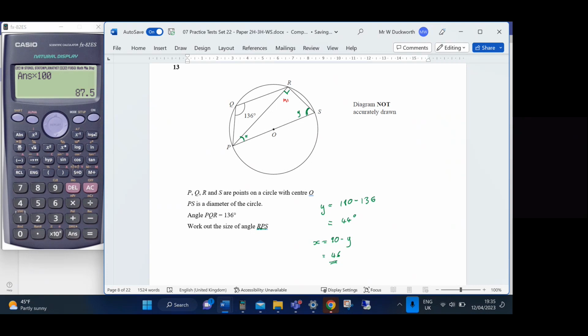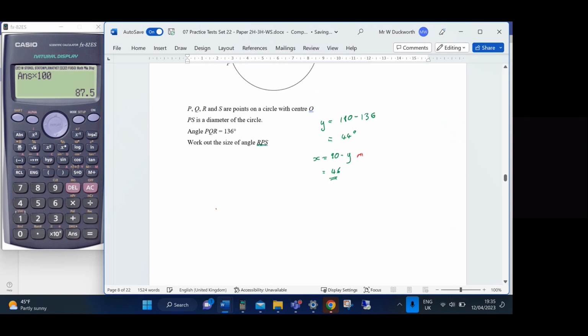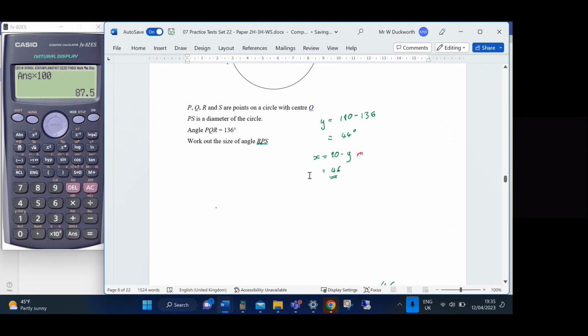M1 for the complete method then. Actually, yeah, because I could pick up the M1 there as well. And then M1 for complete method, so I'm going to say that's the complete method, and then A1 for 46. Okay, right.